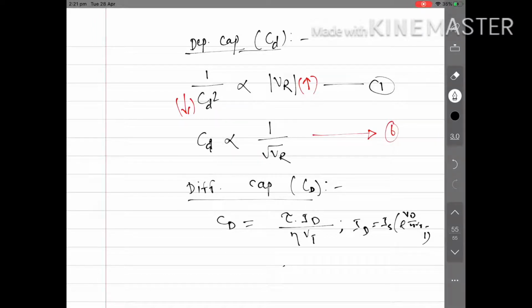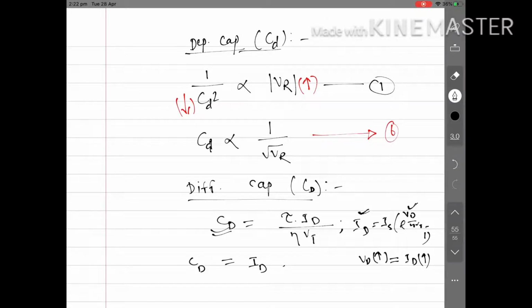From this equation we can see that the diode current I_D increases with the diode voltage V_D. And the diffusion capacitance is directly proportional to the diode current I_D.